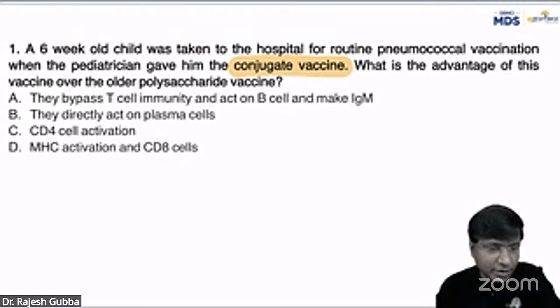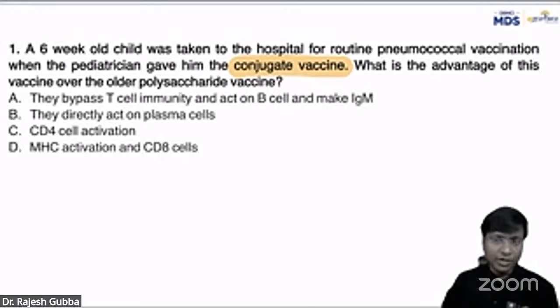Number one, the first option: they bypass the T cell immunity and act on the B cell and make IgM. They directly act on plasma cells, CD4 cell activation, major histocompatibility complex activation, and CD8 cells. So, what did you people answer?